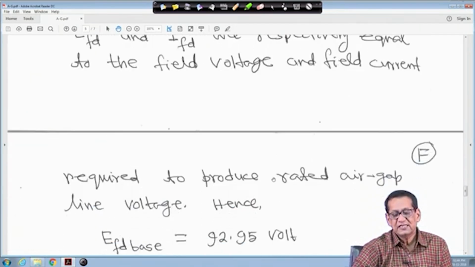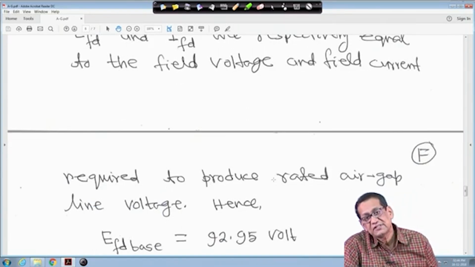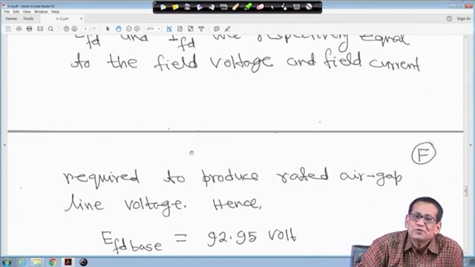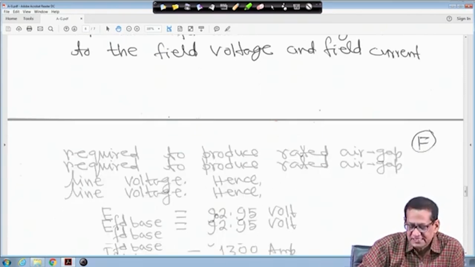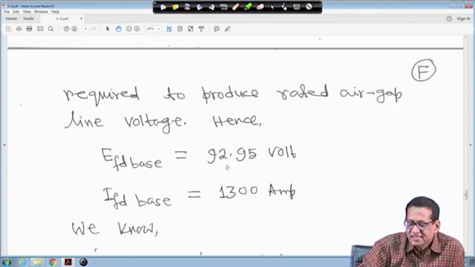So earlier, when we derived that per unit system, just open those things once, because it was done in the early beginning of this course. Hence, EFD base you can take as 92.95 volt, which was given, and IFD base is 1300 ampere.